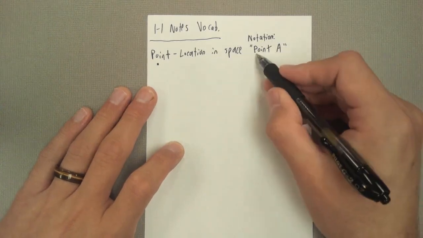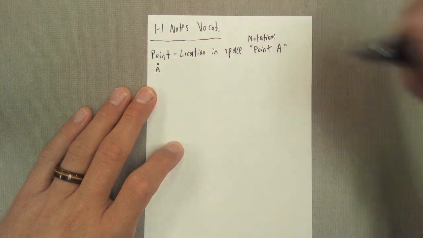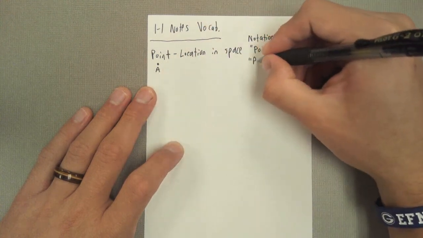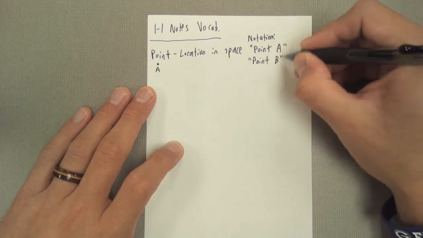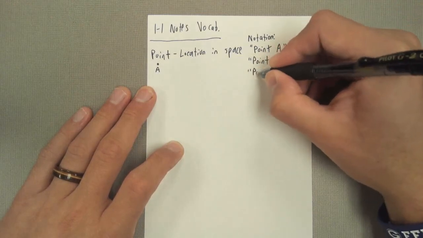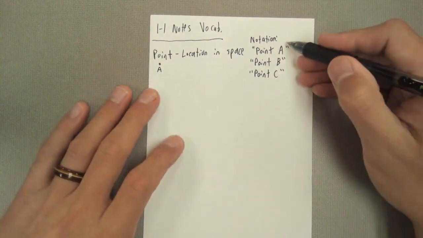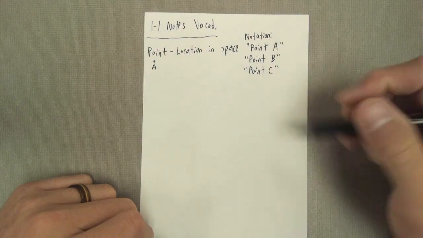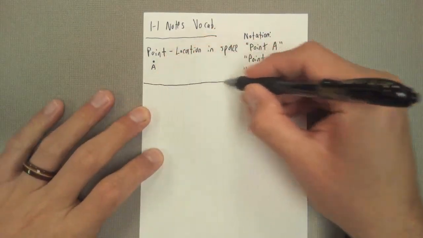We say point A. If this had the letter A, that would be point A. I'll give you three examples, which may seem redundant: point A, point B, point C. That's how we can name three different points. So a point is just a location in space, and that is it for a point.